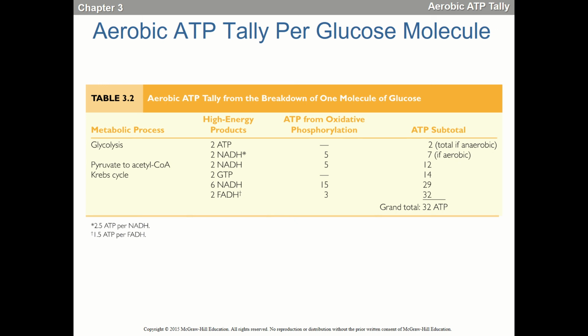Everyone remember the 11th commandment: the Krebs cycle always goes twice. 3 NADHs means 6 NADHs. And there is 1 FADH2 within the Krebs cycle, so then there's 2. If we add all of this together, we get 32 ATP. Everyone good with this? That makes sense?